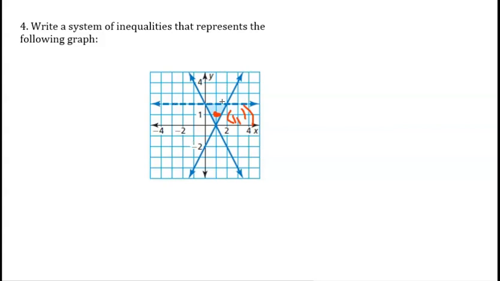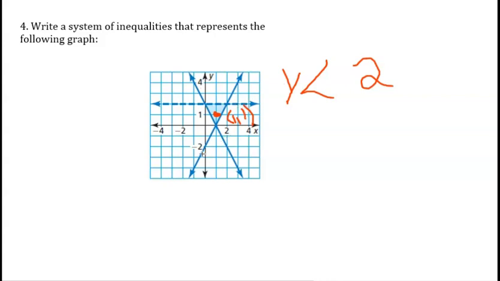So let's do the dashed horizontal line first. Horizontal lines is y, and the shaded region is below that, so it's going to be less than 2. And we'll do our test point. 1 is less than 2. We'll plug in 1 for y. That's a true statement.